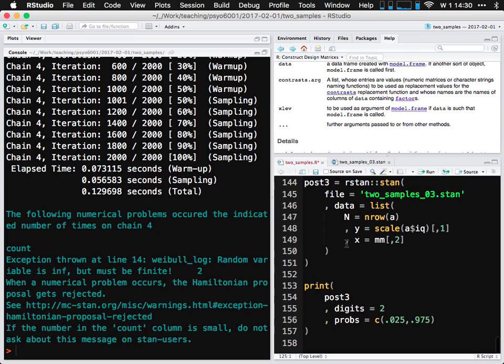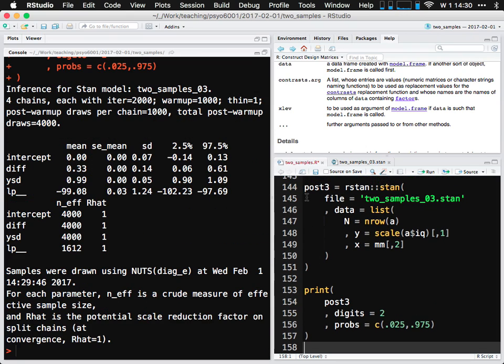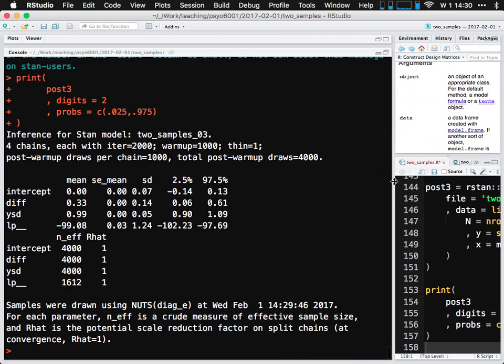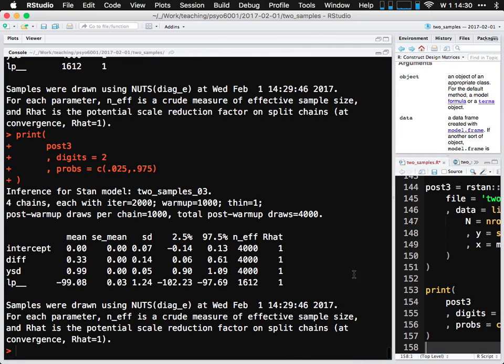Now, in this posterior, when we print it, I'll make it bigger so it fits all in one thing. We now have the intercept. Don't really care much about it, but it's peaked at 0 as expected. And the difference, this again is on the Z scale.